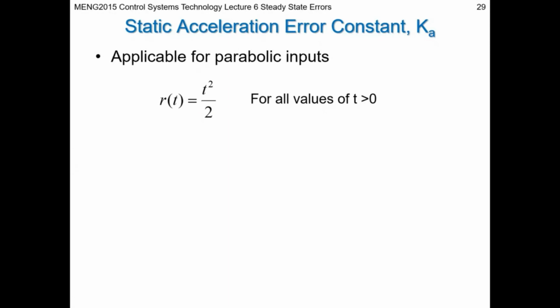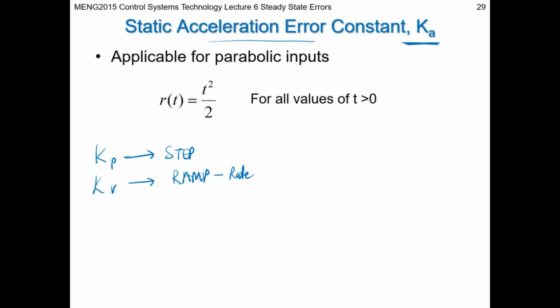Alright, so we're moving on to look at our final static error constant, which is Ka, our acceleration error constant. So Kp is reflective of the step input. Our Kv speaks to a ramp input. It's the rate of change of our input. This is just a step change in our input.